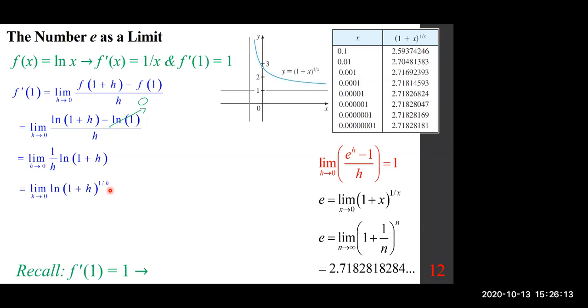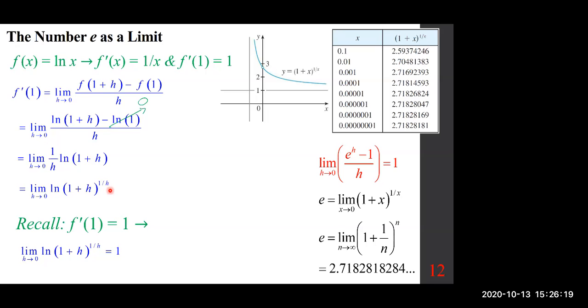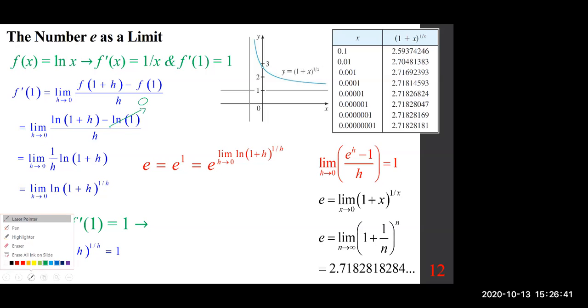And so we continue with the fact that f prime of 1 equals 1, and we set this equal to 1. Now, if we put e on both sides in the following manner, e to this power, e to this power, or just rewrite the natural log. Either way is fine, okay? So what we are saying, e to this power and e to the power of 1, they are the same. I hope everybody understands.